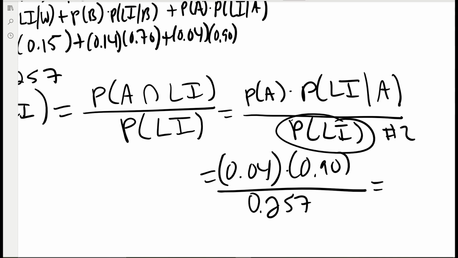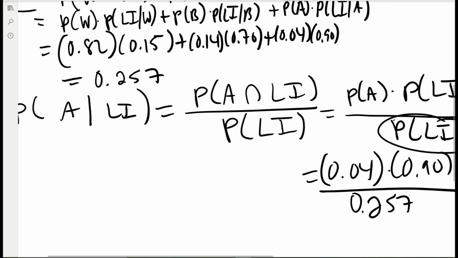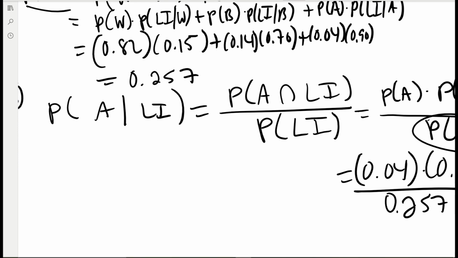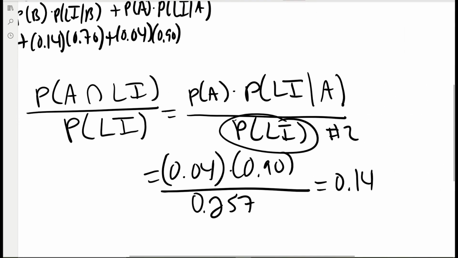And we can calculate the probability. That should be about 0.14. So we got about 14% chance of that happening. I'm going to double check that answer. So about a 14% chance that you find someone that is Asian given that they're lactose intolerant.